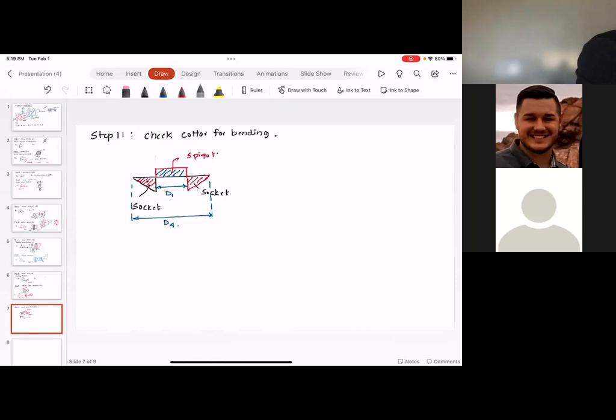So if you think about it, this is the socket. Now we have to find out the maximum bending moment. How would we find out the maximum bending moment?